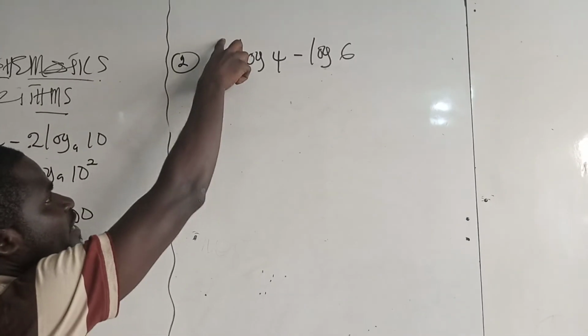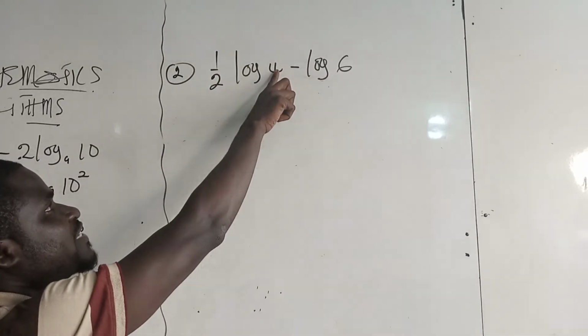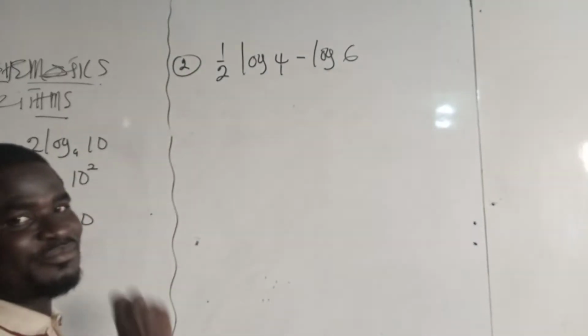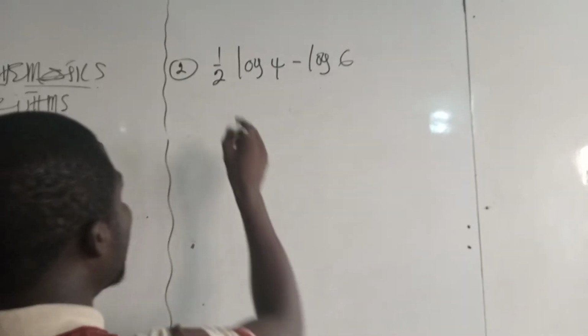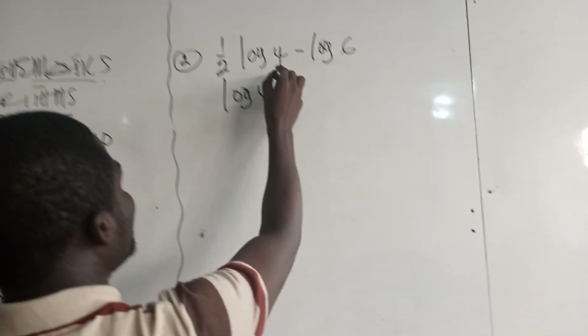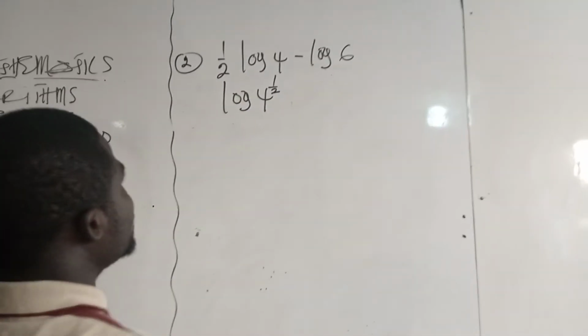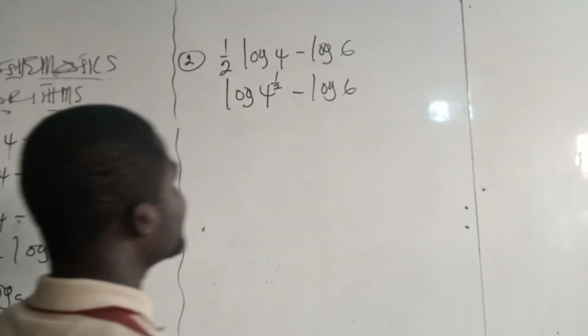This 1 over 2 here belongs to the 4. It was 4 exponent 1 over 2, so you have to send it back. So you're going to have log 4 exponent 1 over 2 minus log 6.